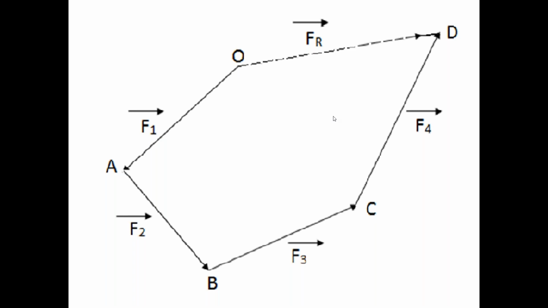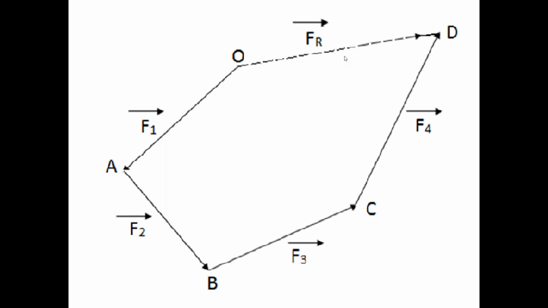In this diagram, this is not a closed polygon because starting point O and ending point D are far away from each other. Since it is an open polygon, the closing side OD is the resultant force.